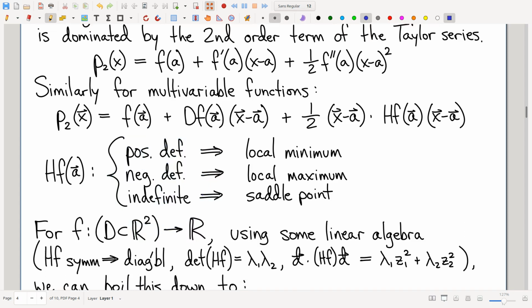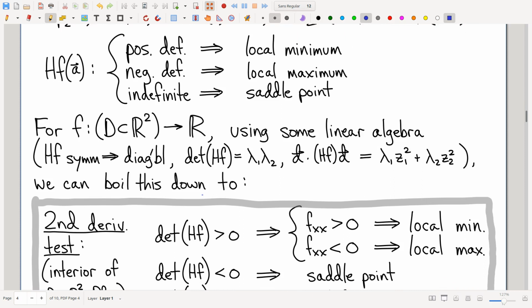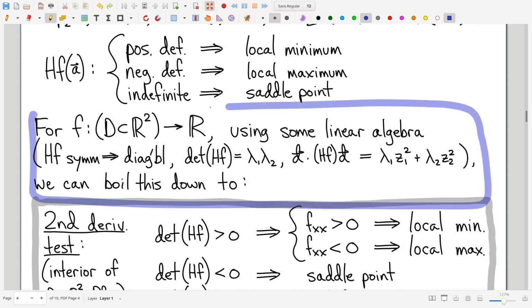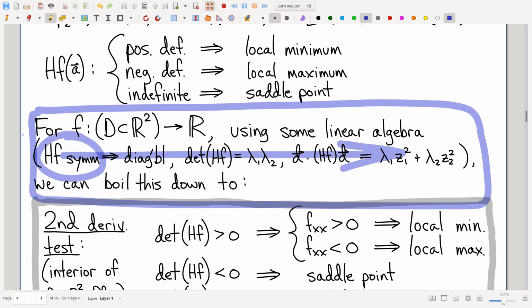There is a clever bit of linear algebra that you can do, and I encourage you to think this through, but you don't have to. You're not responsible for it. But there's some nice arguments that you can make in here that allow you a pretty simple punchline for this specific case. Looking at a Hessian matrix, because it's symmetric, it works out really nicely.